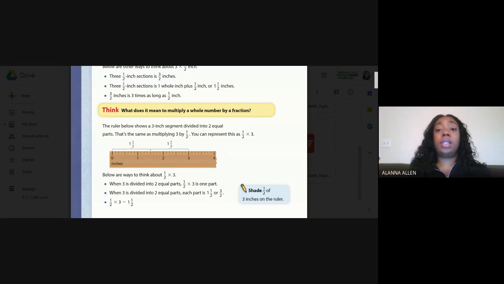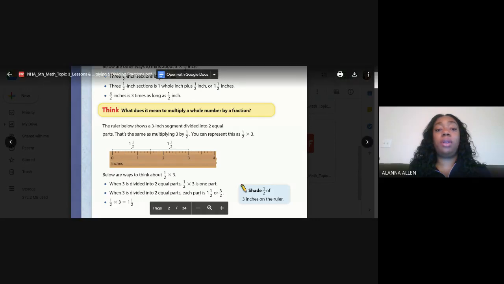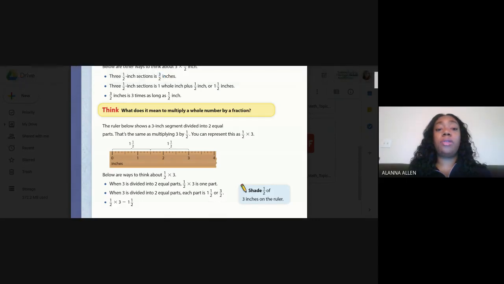So notice you're still getting the same answer. When 3 is divided into 2 equal parts, 1/2 times 3 is 1 part. Each part is 1 and 1/2, or 3 over 2. So you got 3 total inches here. Each part is 1 and 1/2. So basically 1.5 plus 1.5 equals 3. Okay?